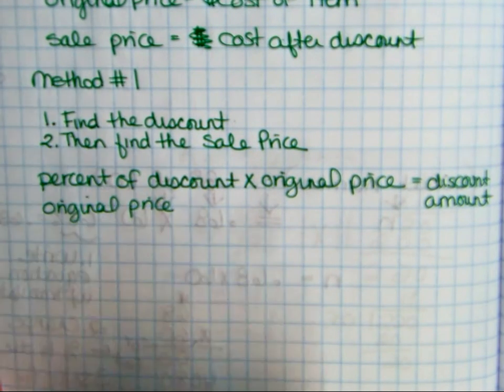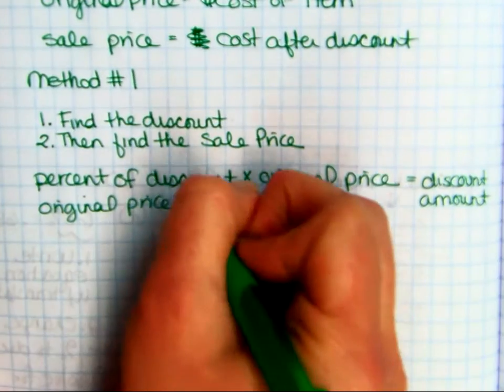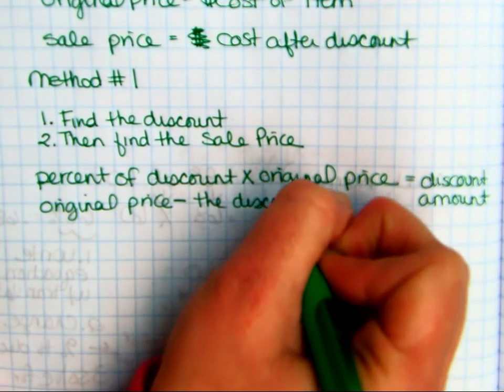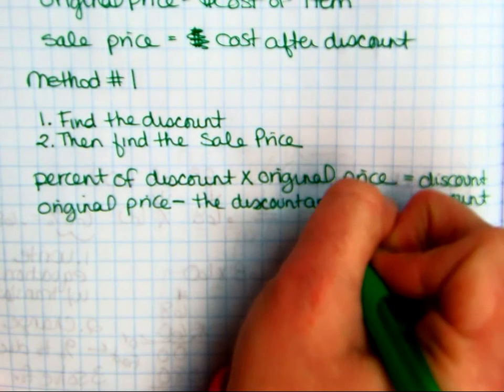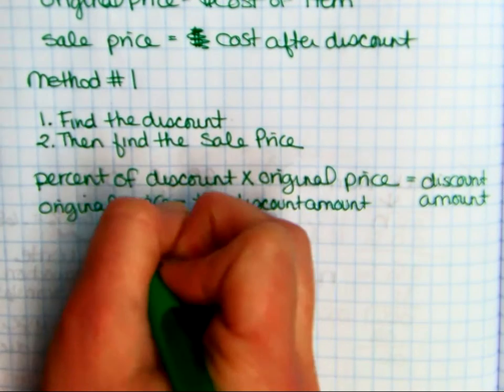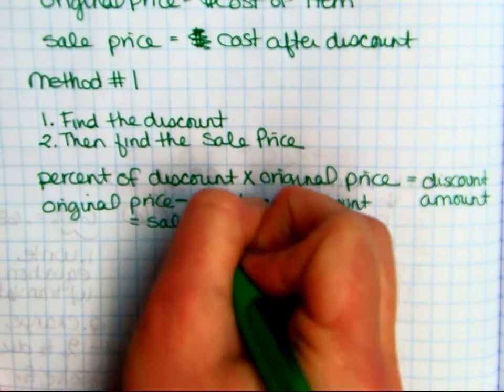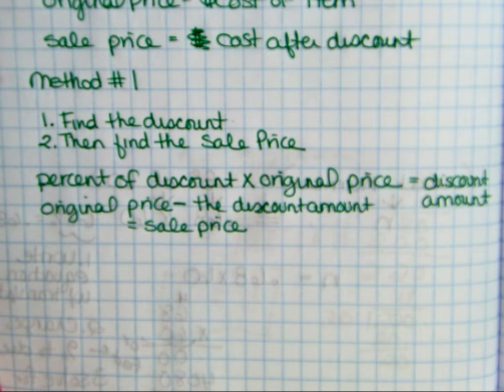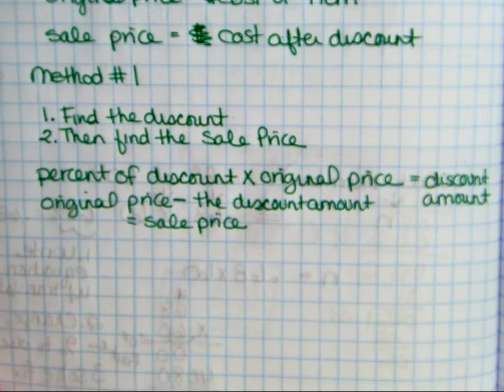So then we would take the original price, subtract the discount amount, and you would get the sale price. And that seems awfully confusing, but let's look at it in actual numbers, and it might make more sense.